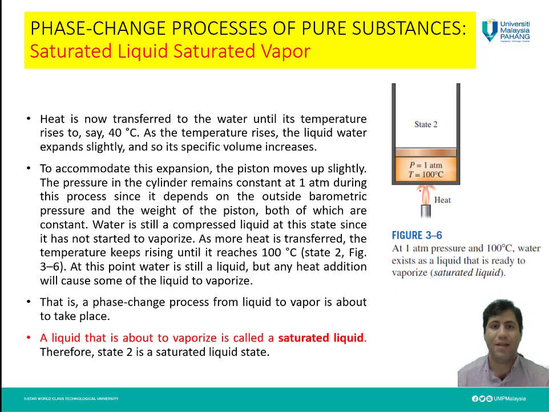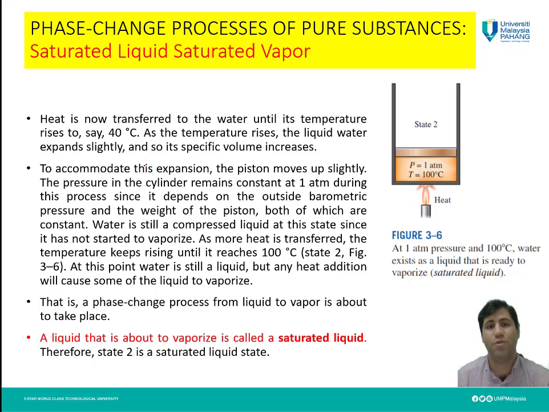Then, as time is passing, this thermal energy or heat is transferred to the water inside the cylinder. It is transferred to the water until its temperature rises to, for example, 40 degrees Celsius. So its temperature increases because of the heat absorbed by the water, which comes from the heat source.